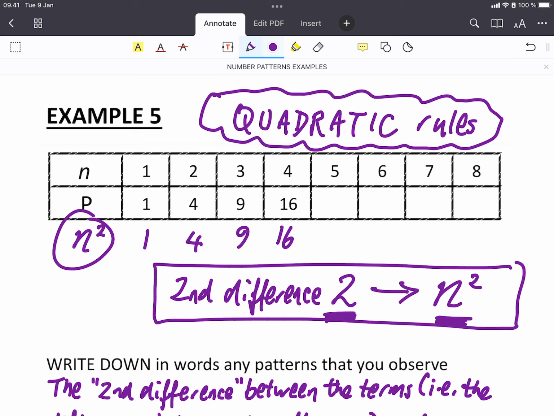So because half of 2 is 1, we've got 1n squared, which is just n squared. Now there might be some other terms involved, like something with an n and something with a number on the end, but the bit that's got n squared in it, just take the second difference, halve it, and then that's how many n squared you're going to have in your final rule.